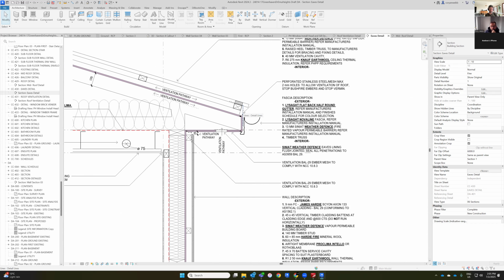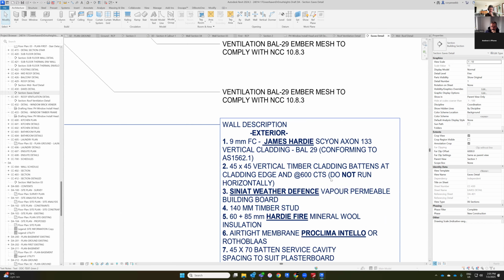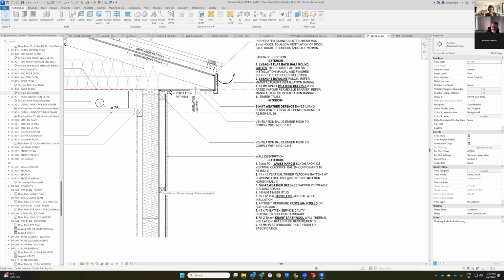Or you don't have vertical battens in there, in the wall. Don't have vertical battens. So you need vertical battens on top of your membrane on the outside cavity. Oh, yeah. Otherwise you won't have your airflow. Do not run horizontally. I've got that in the note. I've just got it as a description in there so you can see it.